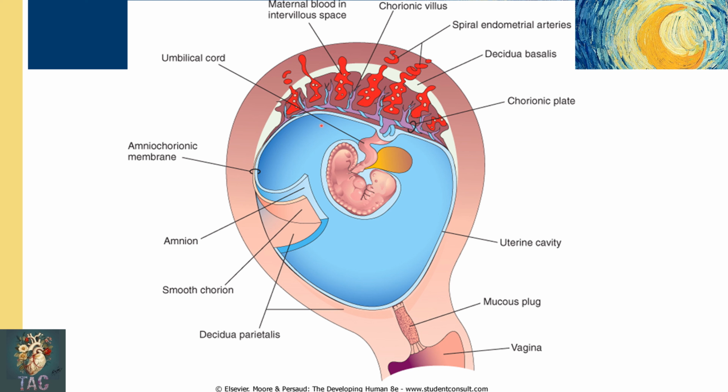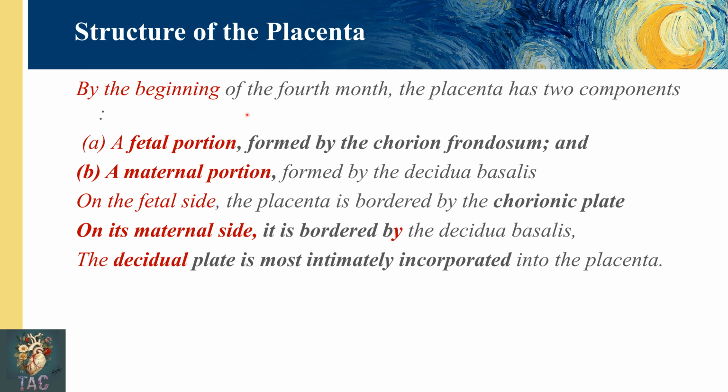This is the amniotic cavity, and these are the amniochorionic membranes which I have told you are formed by the decidua parietalis, the decidua capsularis, and the chorionic cavity, which all fuse with each other and form the amniochorionic membranes over here.